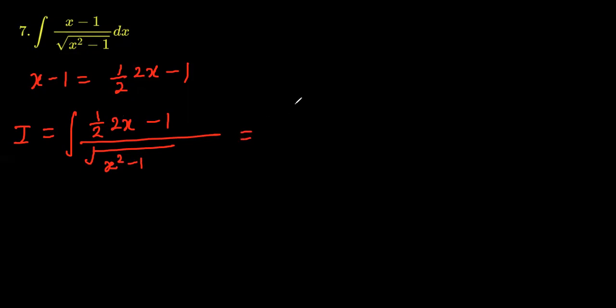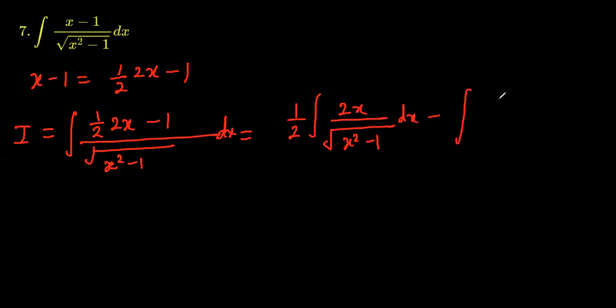We can write it separately: half of the integral of 2x divided by the square root of x squared minus 1, minus the integral of 1 over the square root of x squared minus 1.